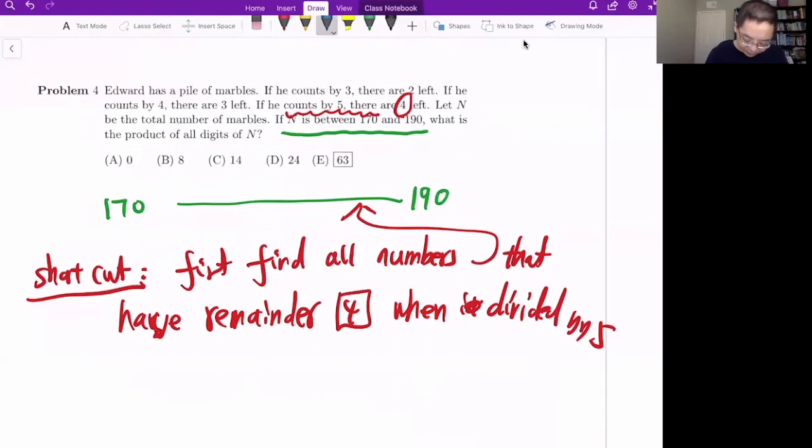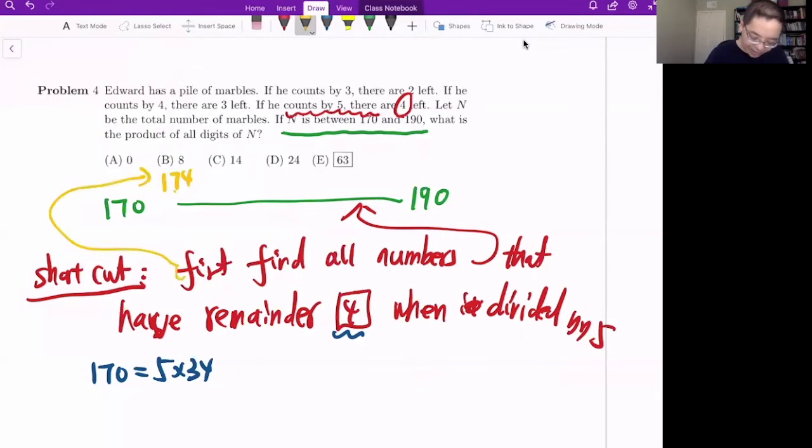All right, so let's do that. 170 is divisible by 5, so it's just 5 times 34. For the next one, when you need the remainder 4, you just add a 4. So the first value will be 174. Then you go up by 5: 179 and 184.